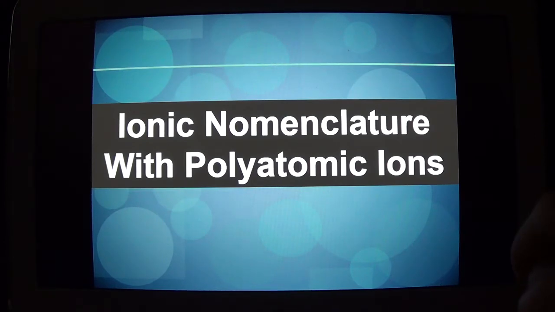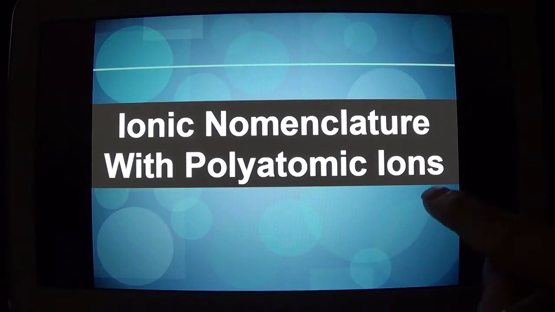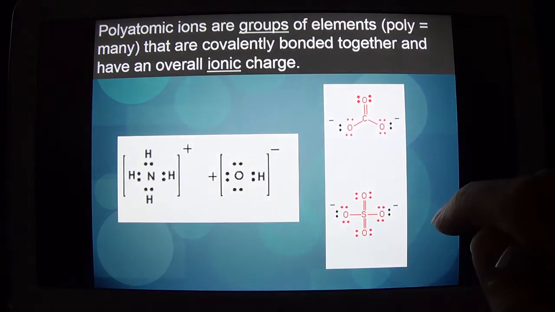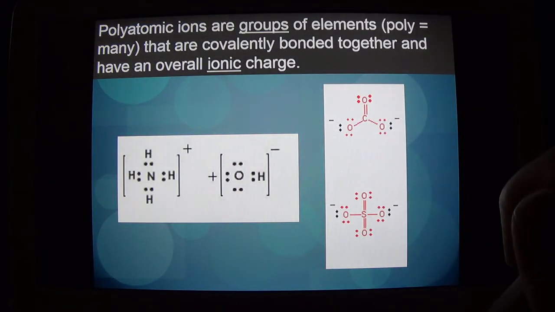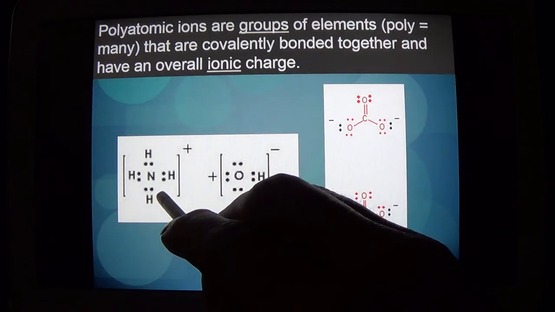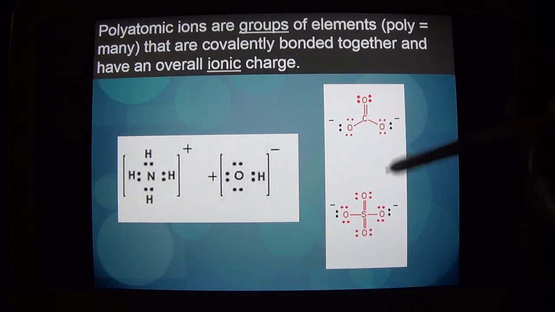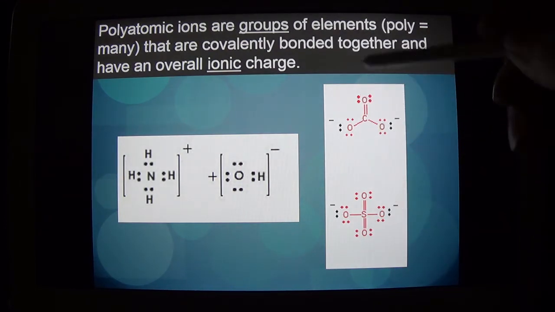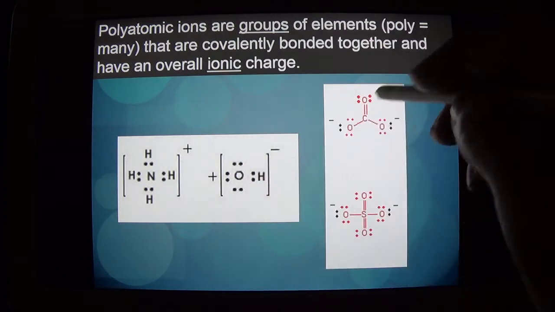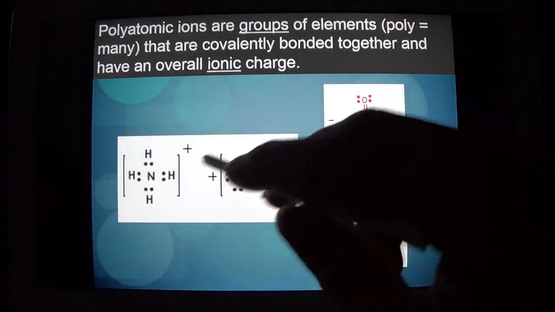Now we're going to make it a little more complex by adding in polyatomic ions. So polyatomic ions are ions made up of many atoms, hence polyatomic. Overall, they have a charge. Here's ammonia, here's hydroxide, here's carbonate, here's sulfate. Somewhere in these drawings are some either extra electrons or lacking electrons.